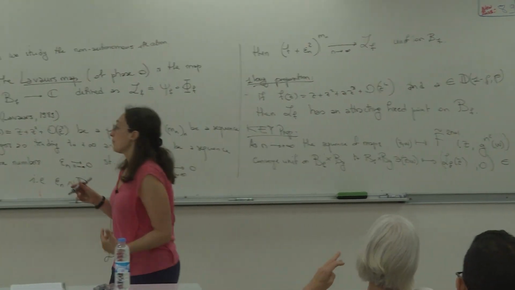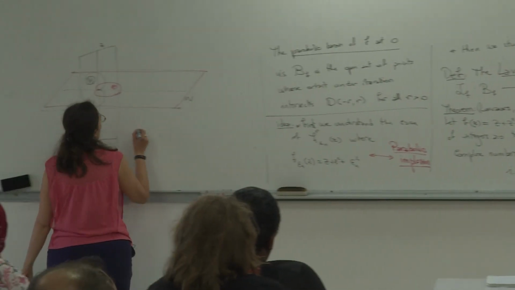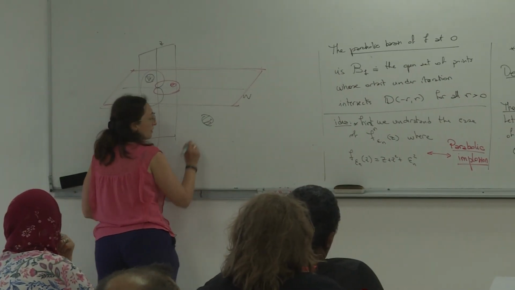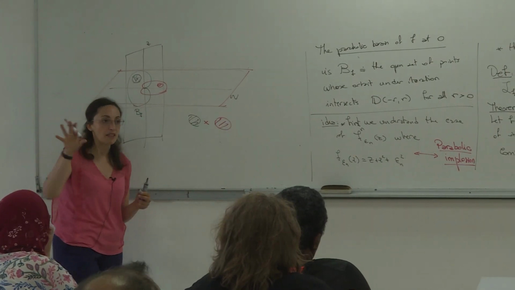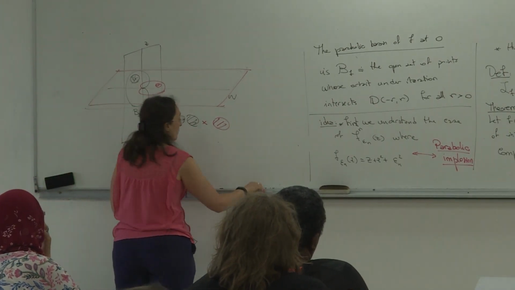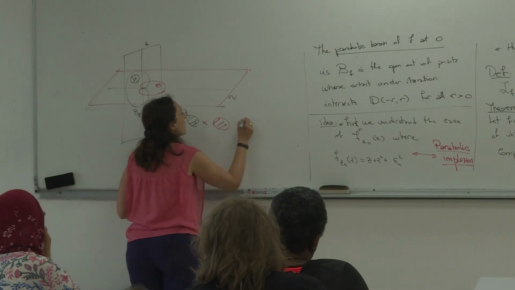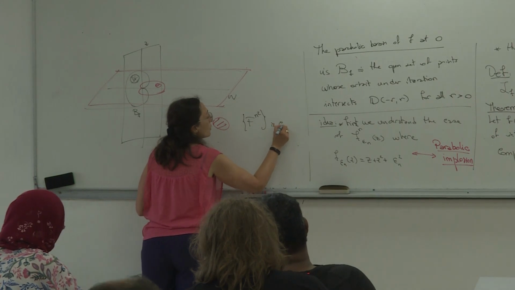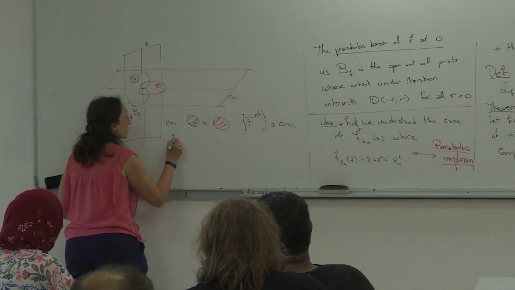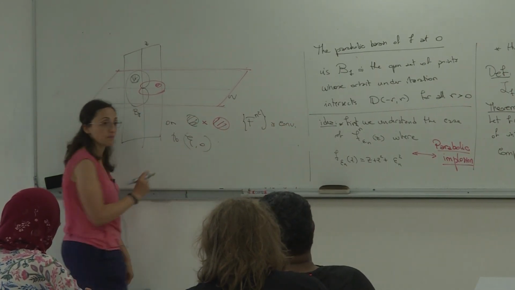And so you find this product of disks. Well, there are some preimages to take. On this, we can prove that f iterated n squared times is converging to actually psi 0.